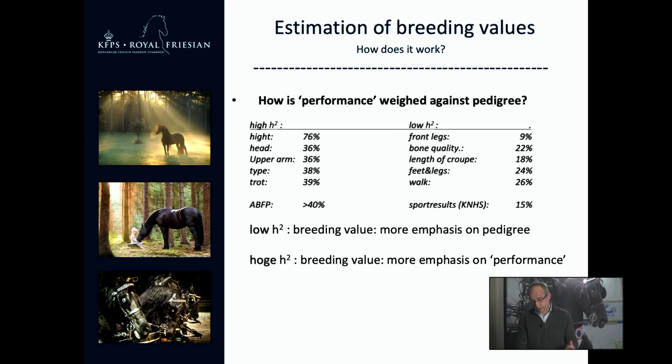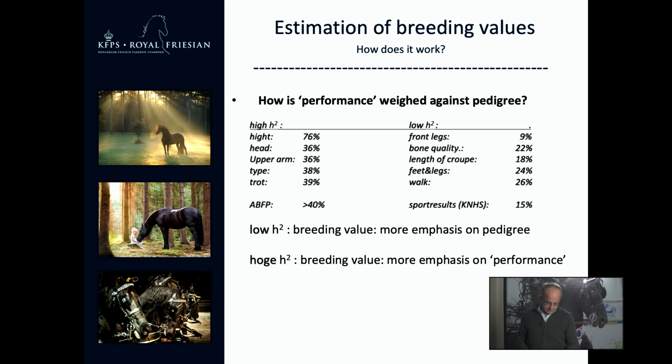That's also a reason that we are rather keen on the ABFP test in our breeding program. First, the information comes at a young age, so you can use it in your breeding program a lot earlier than sport results. And second, because of the higher heritability.